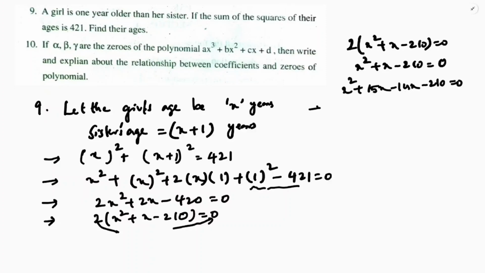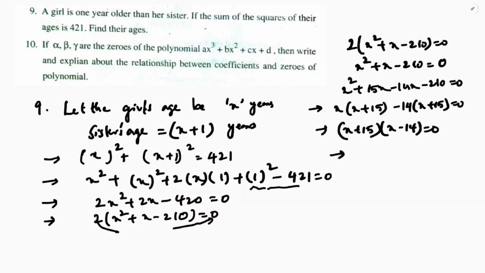So X plus 15 into X minus 14 equals 0. So X plus 15 equals 0, X minus 14 equals 0.